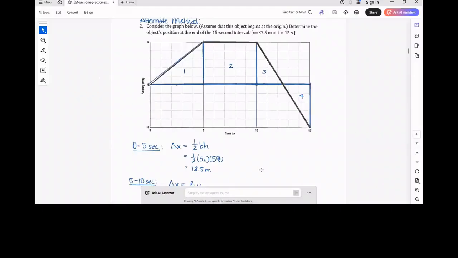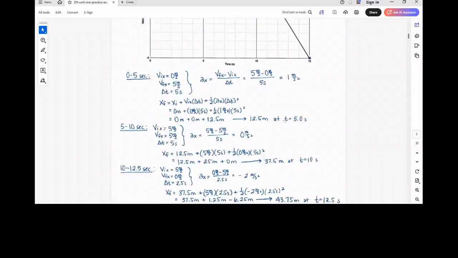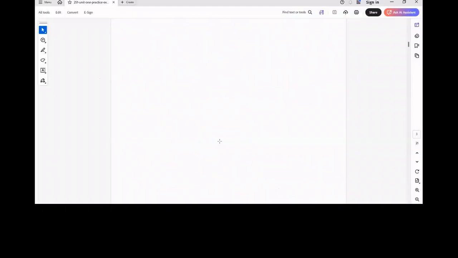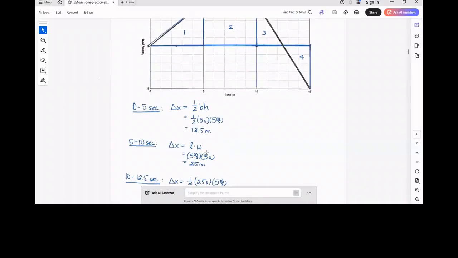So that ends up giving me 12.5 meters, which is exactly the same answer that we got using method 1. Next, for section 2, I have a rectangle that's 5 seconds wide, 5 meters per second tall. So when I multiply those, that's 25 meters of additional distance that I'm adding to this story.